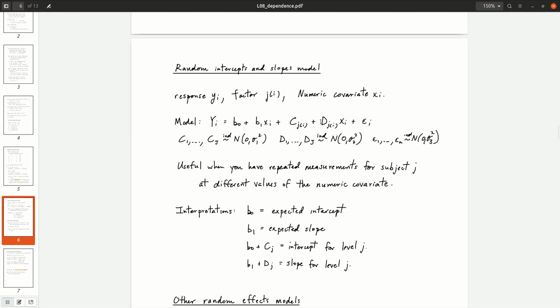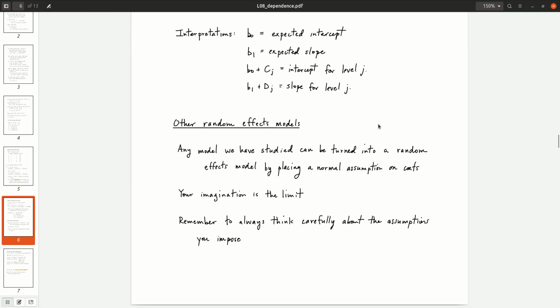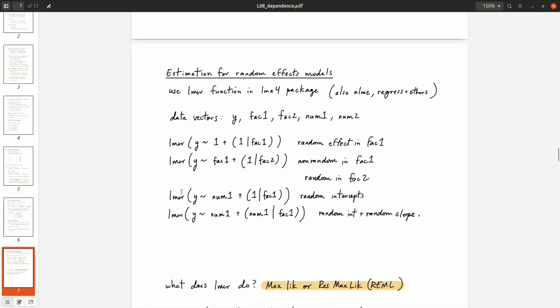So if you want to have the same slope for every level of the factor, namely B1, but you want the intercepts to follow a normal distribution, you would fit the model that excludes this term here. So you'd get B0 plus B1 xi plus C sub j of i plus epsilon i. And this is the syntax for fitting that model in LMER.